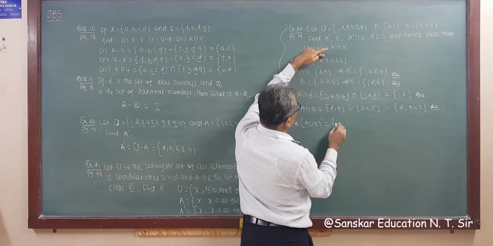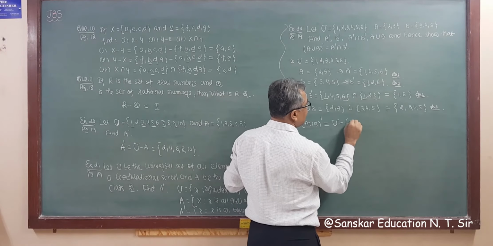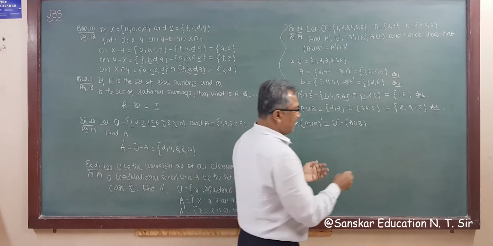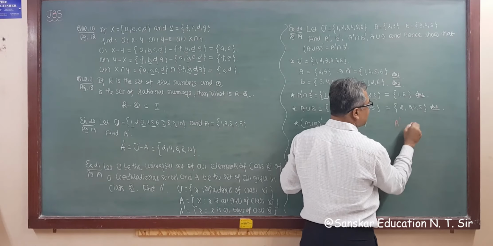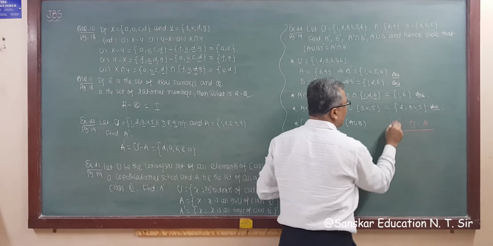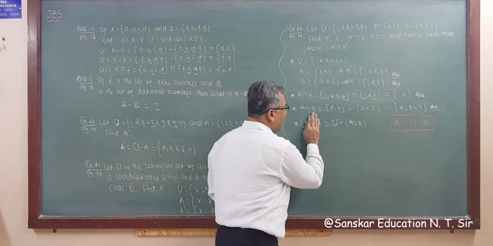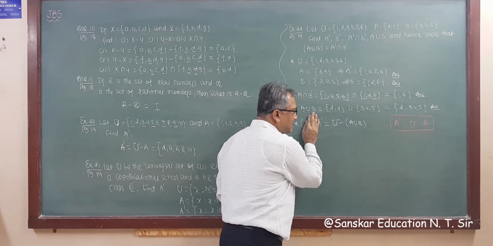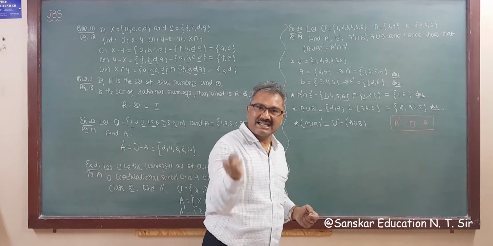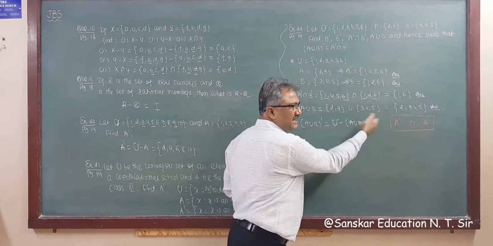So remaining will be, I am writing here, this is equal to U minus A union B, right? Because the definition says A dash is equal to U minus A. So A union B dash is U minus A union B.